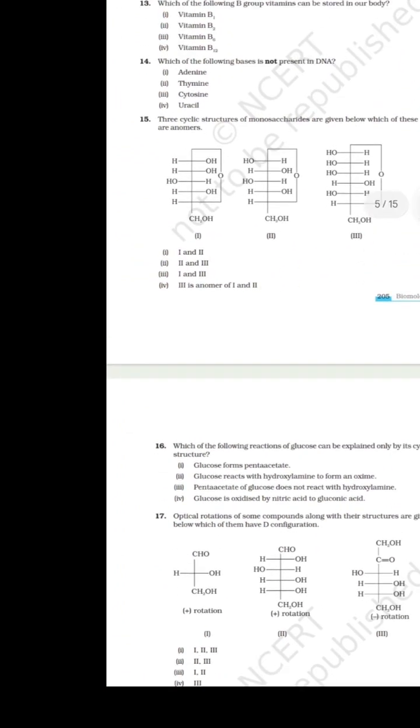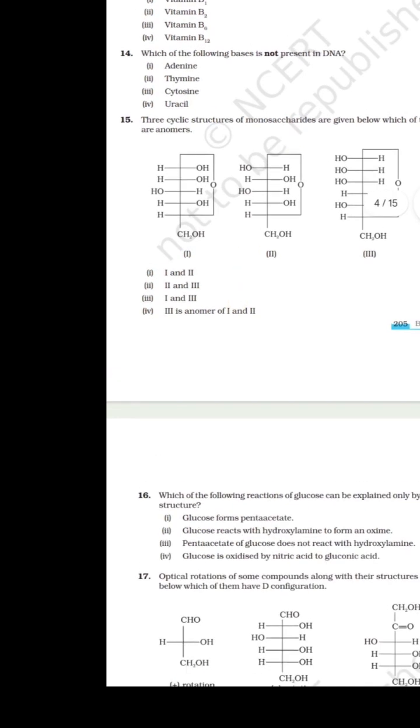You can see here that at the second carbon a hydroxyl group OH is present on the right side, but in the second option at the C2 carbon the right side has a hydrogen atom and the hydroxyl functional group is present on the left side.